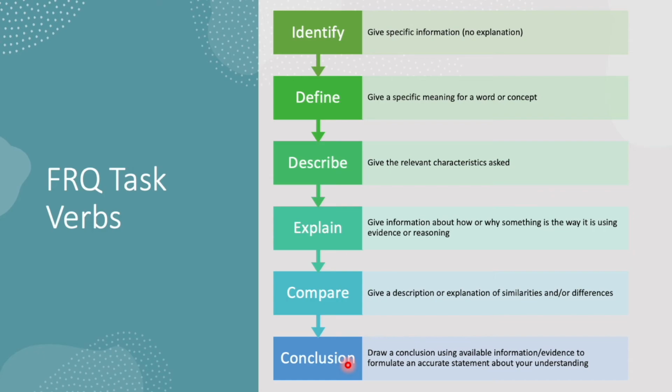So your conclusion to a question like that could be that the data from country X about people's perceptions is less reliable since the people there lack freedom of speech. So you look at whatever data you are presented with and you formulate an accurate statement, an accurate conclusion based on what you know about that country.